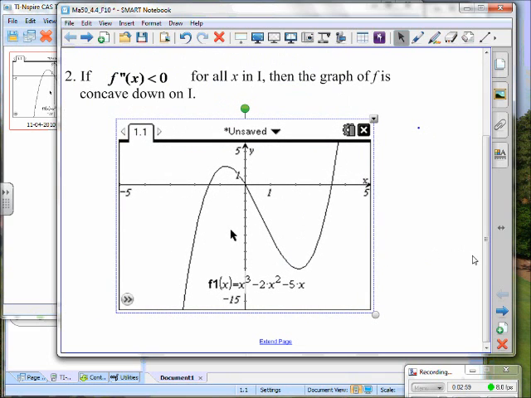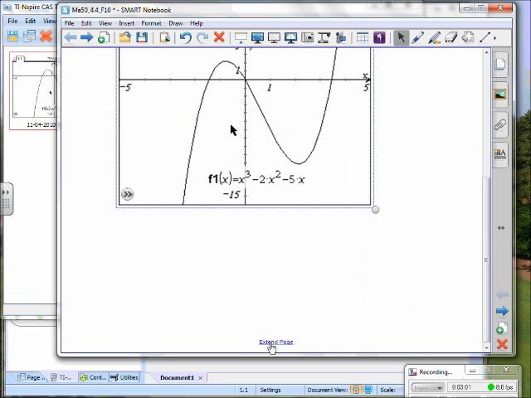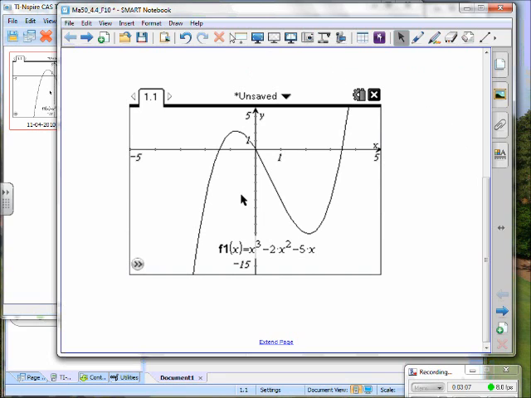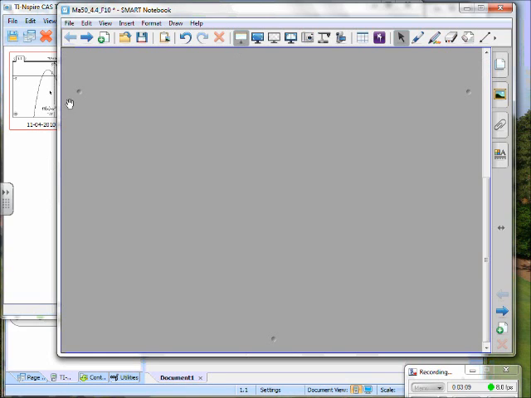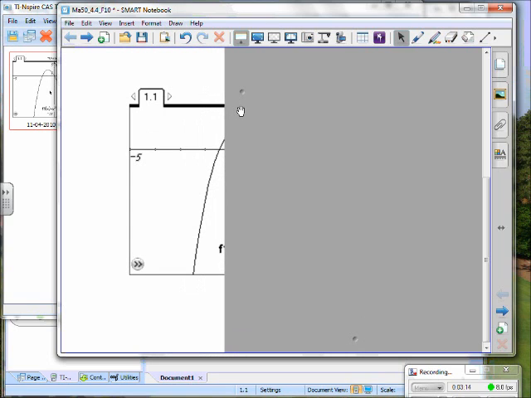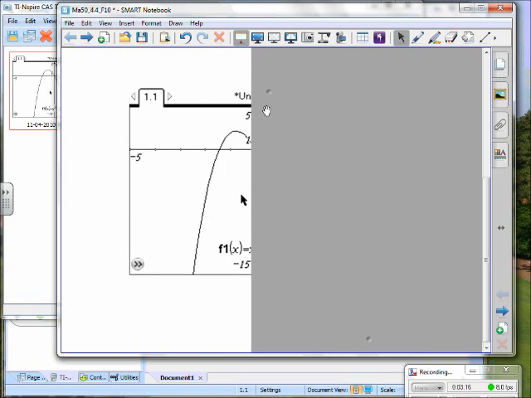Without even a formal discussion about what concavity, inflection points, and all of that are, let's just take a look at this. If I show you right about here, if that's all you saw of the graph, how would you describe that portion?